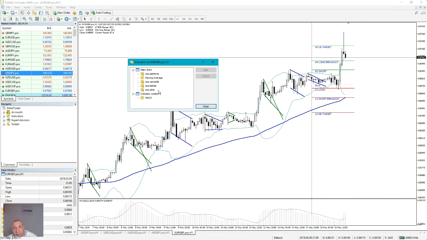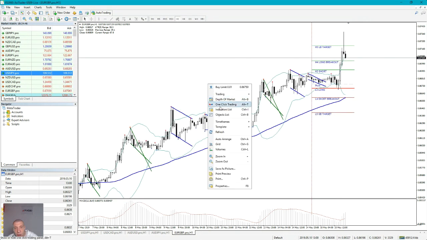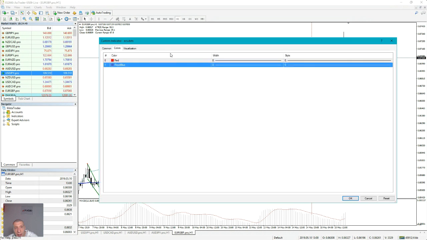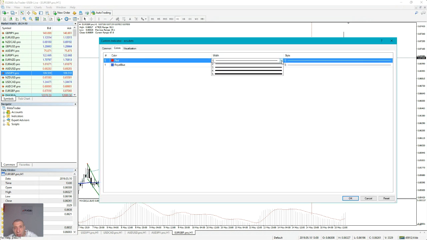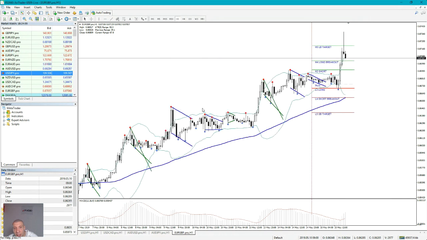Next one is dots. Dots show you previous swing highs and lows, and you can find order blocks with these dots. You can change it to be a bit bigger. If you go like this, you see now these dots are bigger.